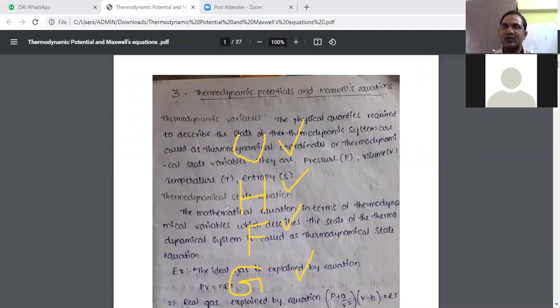These four physical quantities are energy functions. These are all scalar functions which describe the thermodynamic system completely, and are called thermodynamic potentials. So one is internal energy, the second enthalpy, the third free Helmholtz energy, the fourth Gibbs free energy. Clear, sir?